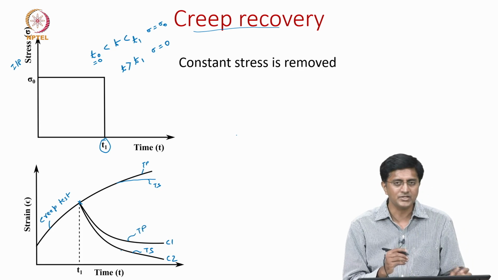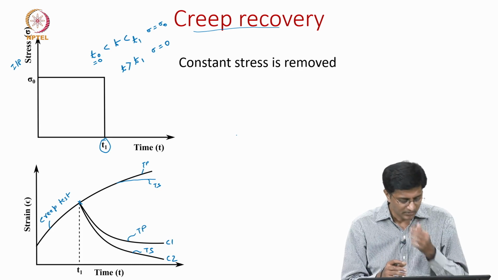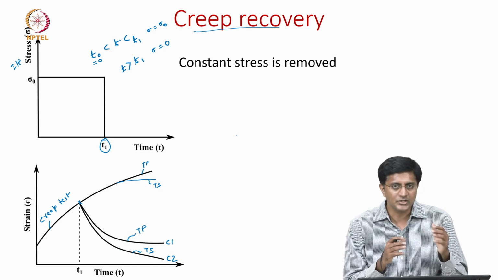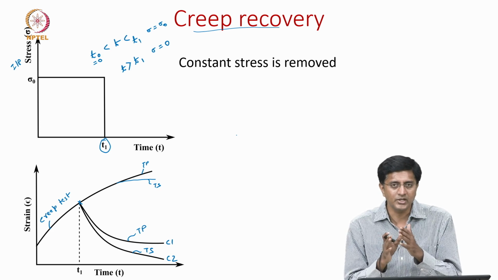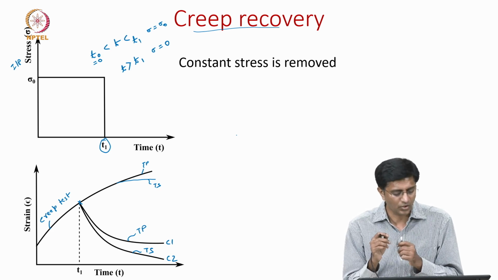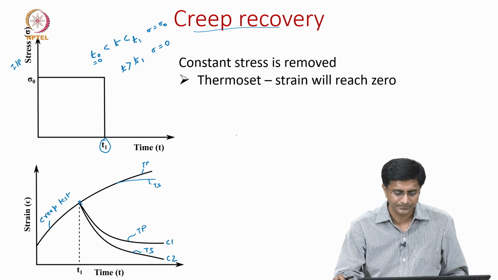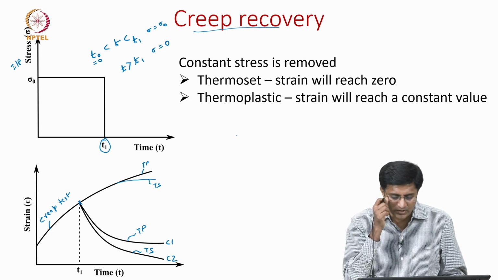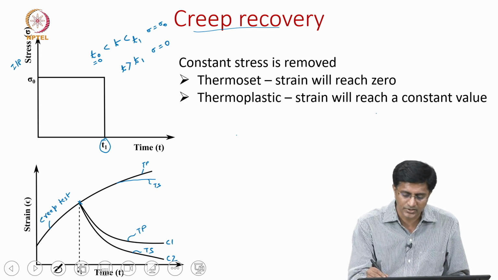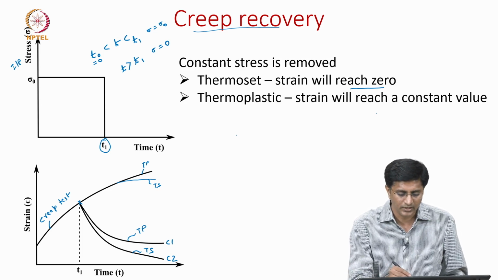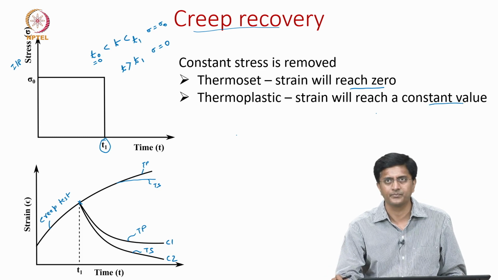So these are thermoplasts which, even after removal of the load, do not go to 0 strain, but have some non-zero strain. So we just said that thermosets reach 0 strain and thermoplastics reach a constant value.